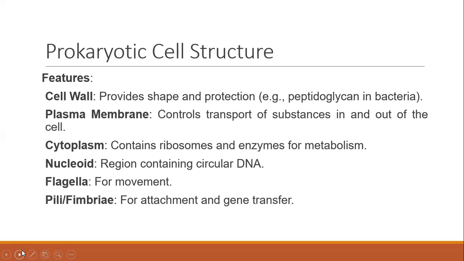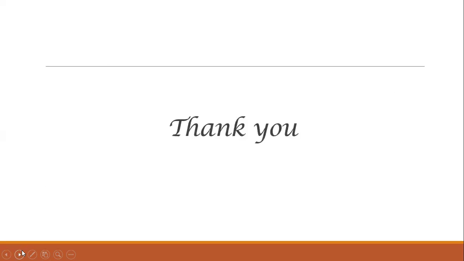In prokaryotic organism, you find the cytoplasm containing ribosomes and enzymes for metabolism. A nucleoid, it's a region that contains the DNA, and the flagella for movement, and then the fimbriae for attachment and gene transfer.